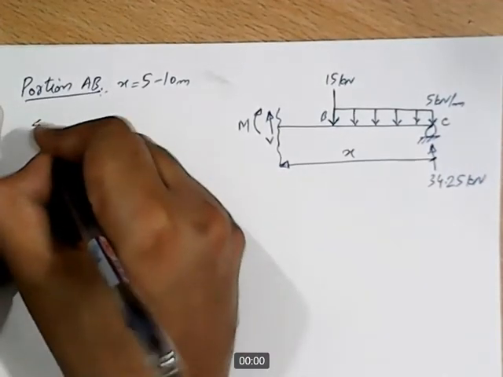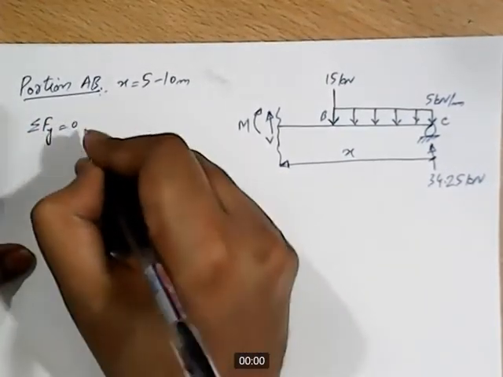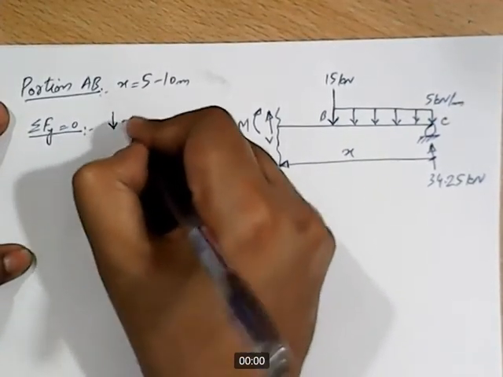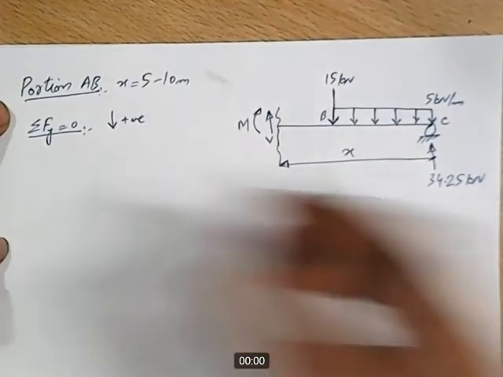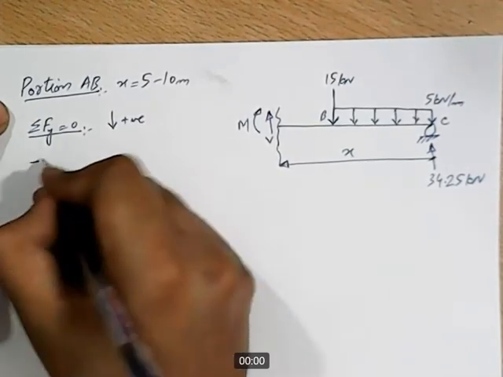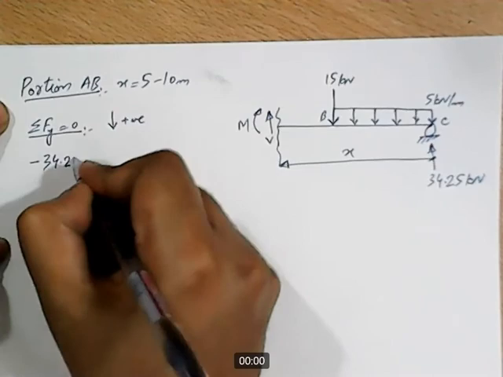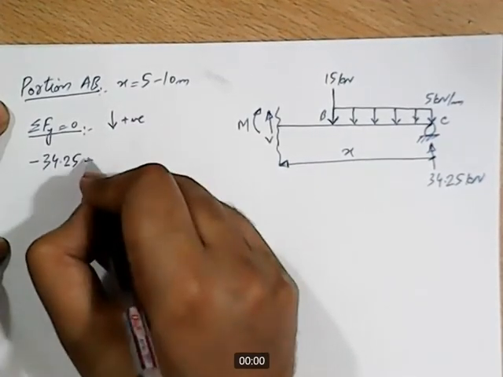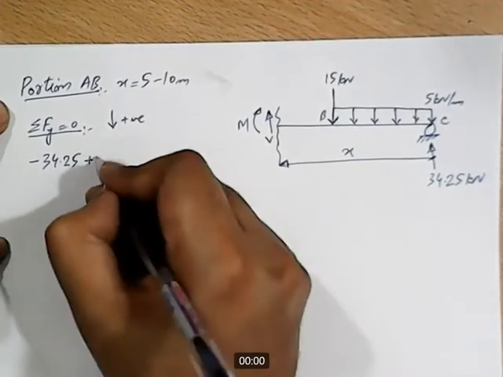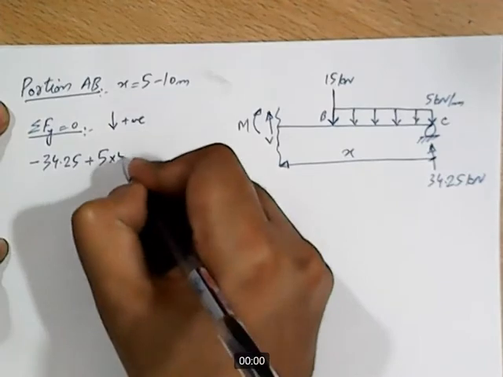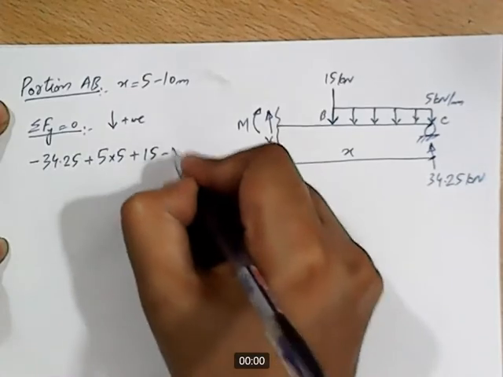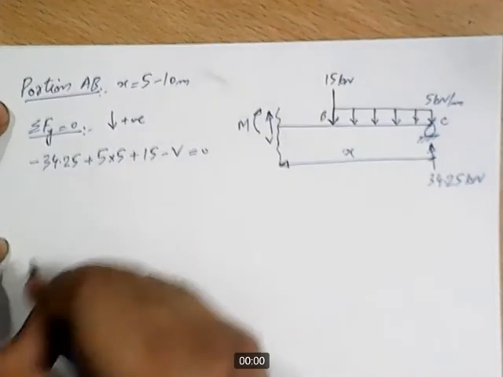For shear force, we'll take sigma Fy equal to 0, and our convention will be that we will take downward forces as positive. So starting from point C, we have an upward force of 34.25, so it will be taken as negative, minus the entire UDL, sorry, not minus but plus, because it's acting in the downward direction, 5 into 5, and then plus the point load 15, and minus shear V, and this should be equal to 0.